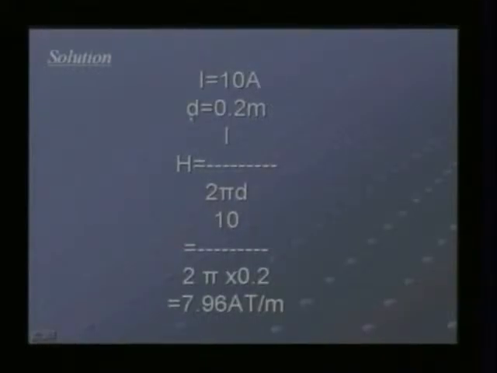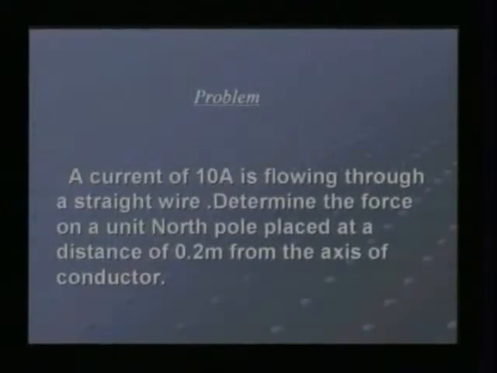The distance at which field strength is to be calculated D is equal to 0.2 meters, and we know that the formula for field strength of a straight wire at a point P is H is equal to I by 2 pi D. Substituting the values, I is equal to 10 amperes, D is equal to 0.2 meters, we will get the total field strength at that point is equal to 7.96 ampere turns per meter. Now we will see one more problem.